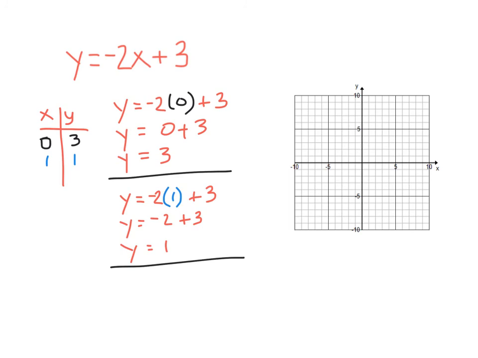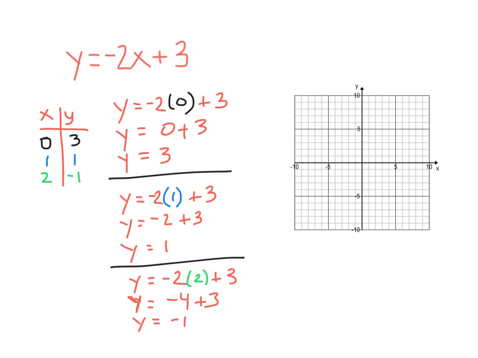Let's put a 2 in for x. Again, you can use any value you want to. So y equals -2 times 2, putting a 2 in for x, plus 3. Again, we're always going back up to this original equation, putting a number in for x. So -2 times 2 is -4 plus 3, and -4 plus 3 is -1. So when x is 2, y is -1.